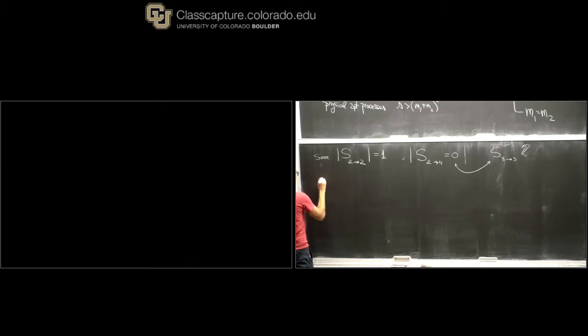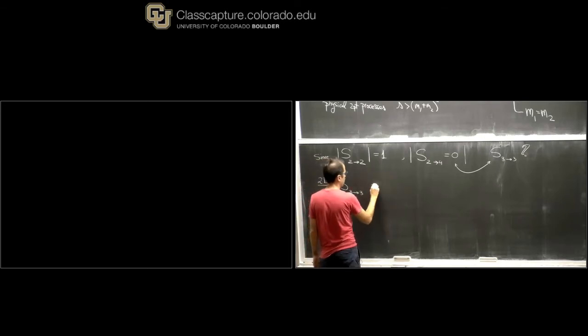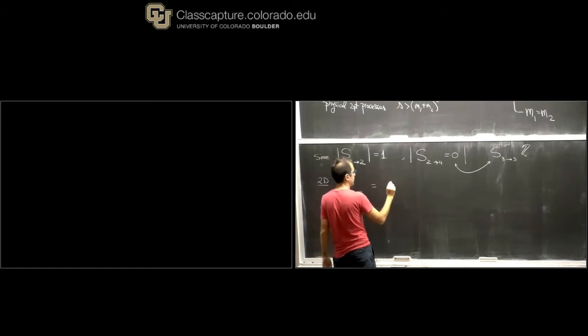So the statement is that in 2 dimensions, the 3 to 3 S matrix is actually equal to the following. The way that it works in general is like this.